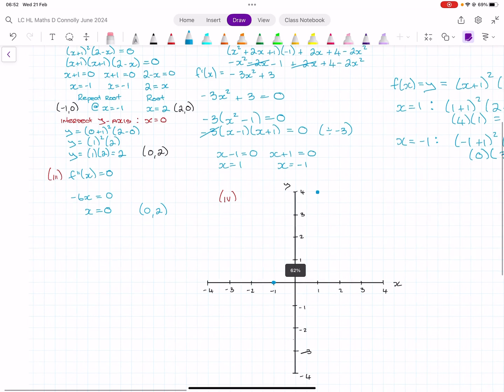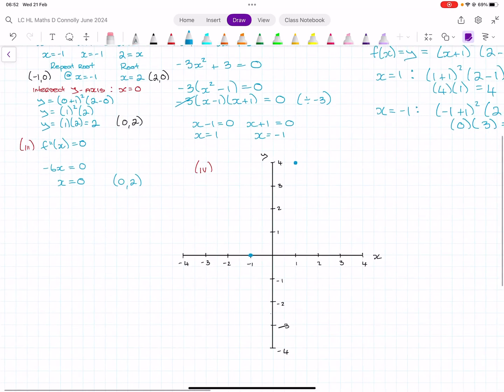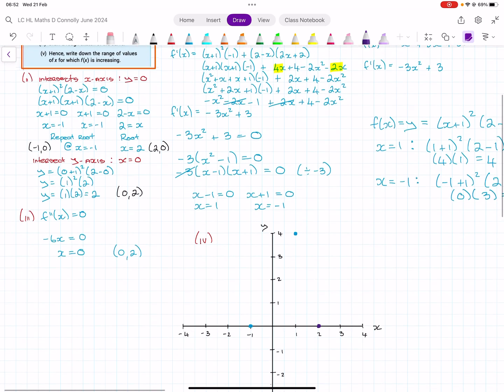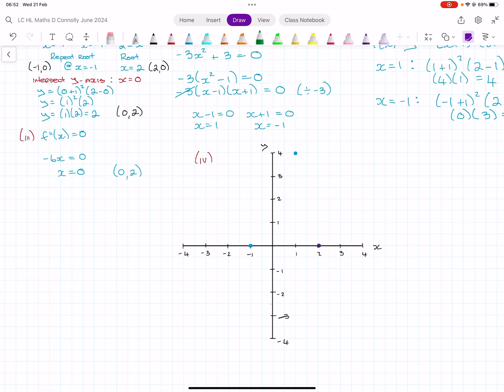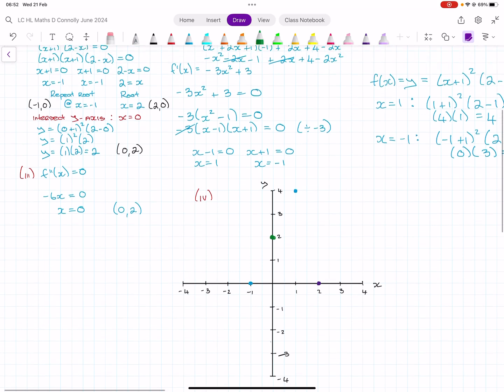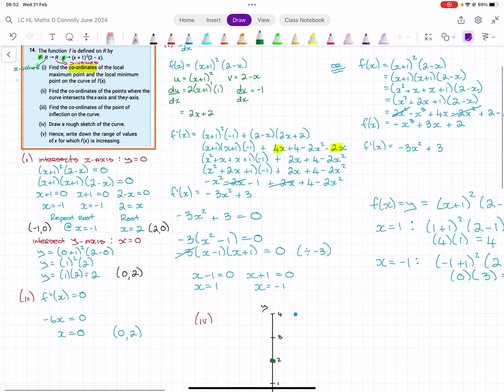We found out that minus 1, 0 is a repeated root, so I don't know if you remember what happens there, but I'll show you now. 2, 0 is the other root, so it's going to cross there, and 0, 2 is the y-intercept.